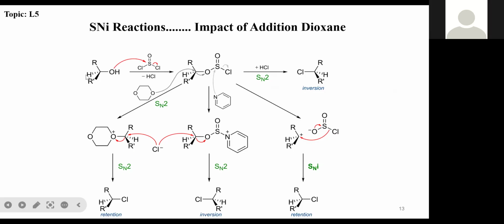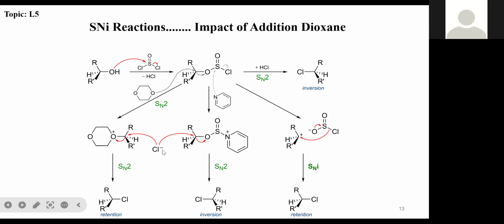As the second chiral alcohol is treated with thionyl chloride, you will get the chlorosulfite intermediate. And when you add dioxane, it will attack on this electrophilic carbon. Electron density comes here, and you will get sulfur dioxide, and dioxane has blocked this side.